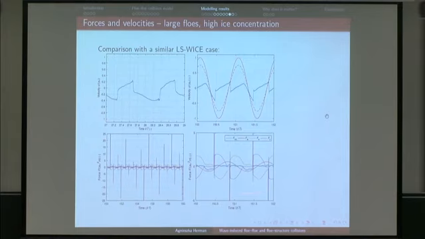And when you take a look at the time series of forces, here the yellow curve is the drag force, the violet curve is the contact force. You can see that both of them have very high amplitude, very high compared to the amplitude of the wave force over extended periods of time.